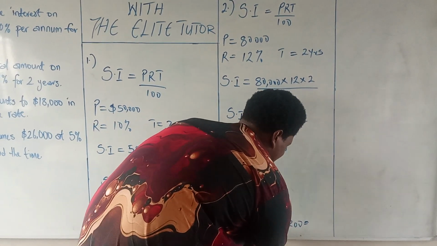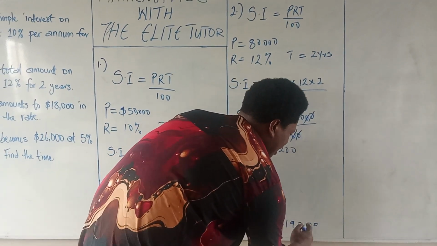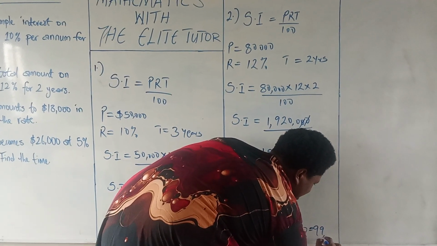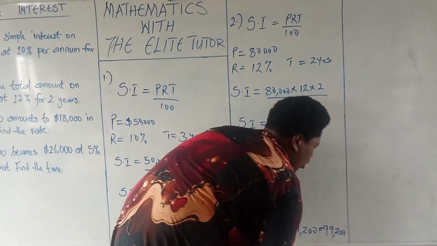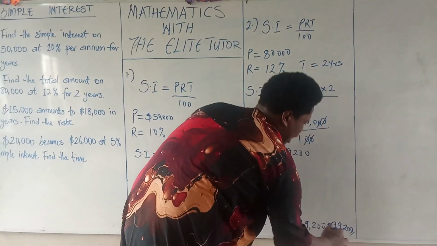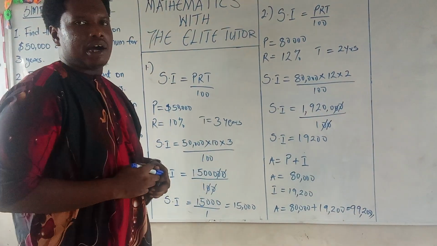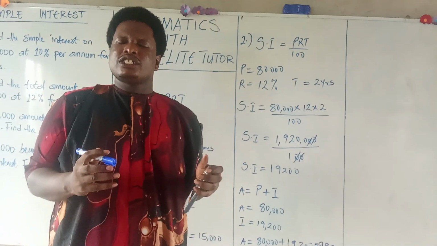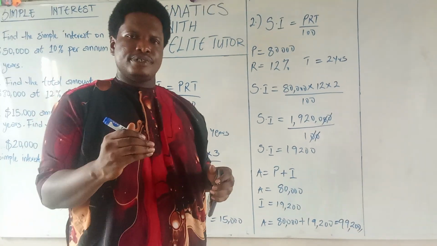This will give us 99,200. So this is our total amount. Like I said earlier, your amount comprises your interest and your principal.